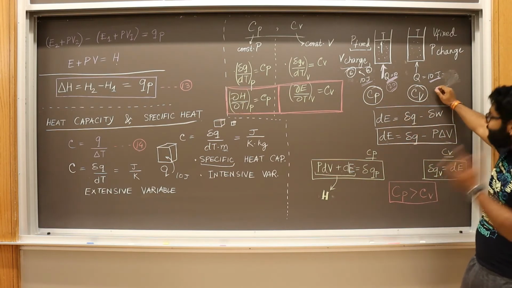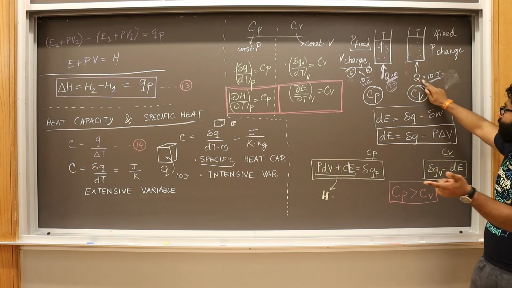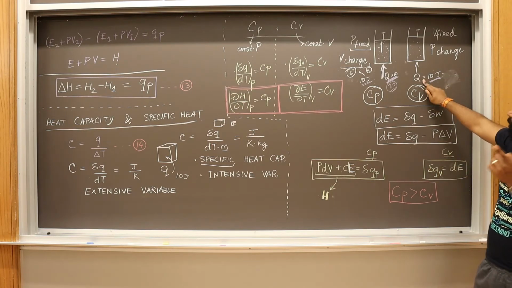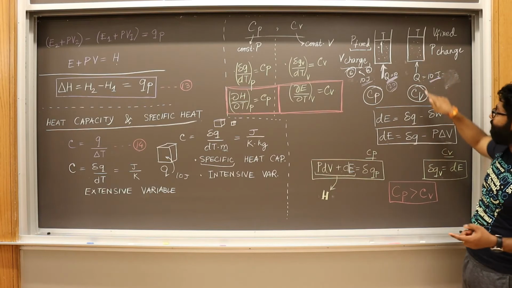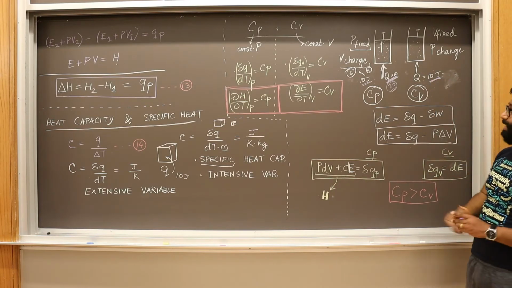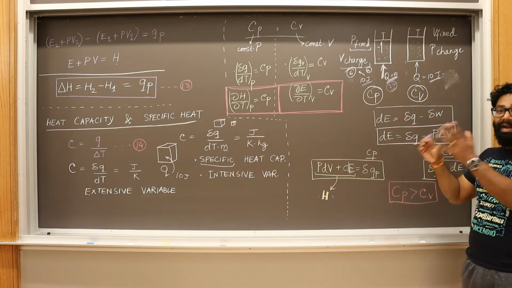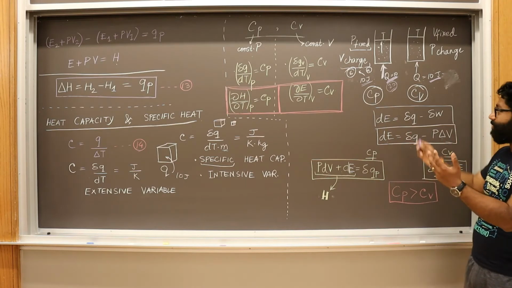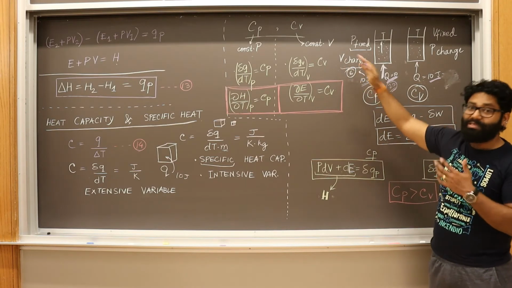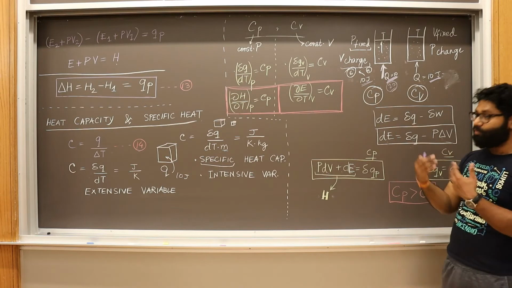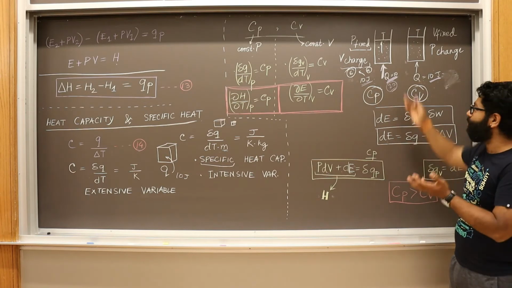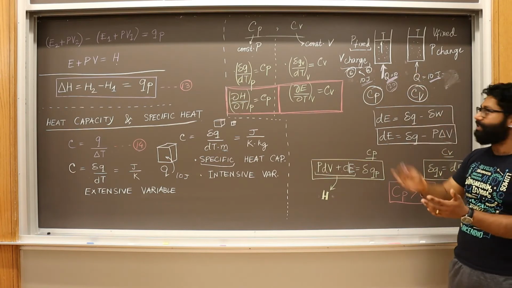So it takes less energy, less Q, heat, to raise the temperature of the system when you have a constant volume system rather than a constant pressure system. This is extremely interesting because in a constant pressure system you are going to do some work, which is going to spend your energy. I don't want that, because if I want to raise the temperature, I want to see the temperature rise.